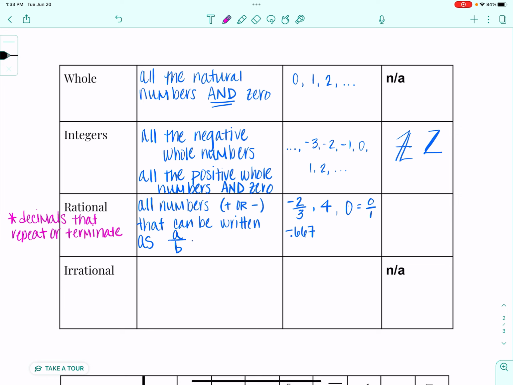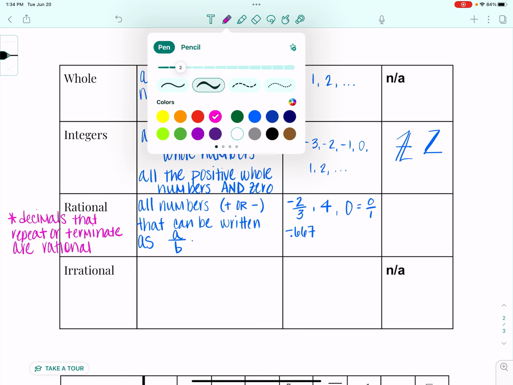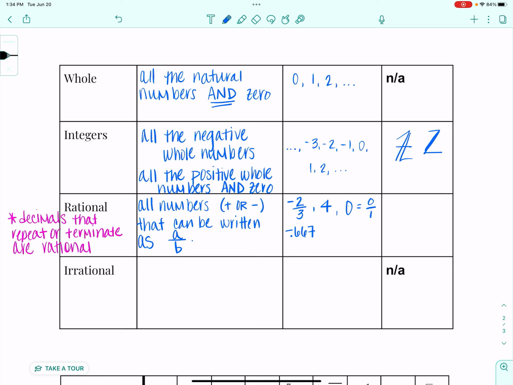So 0.333333 repeating, or 0.37, it stops, count as rational. So maybe we put in that decimal. And that works because that's the decimal equivalent for 1/3. For the rational numbers, I think we usually use Q, but it doesn't happen that often.